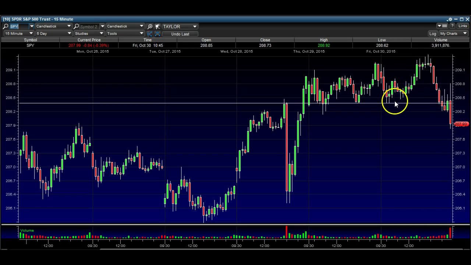You want to see a lot of touches, and you want to see a good amount of time that that support or resistance line has been in place.